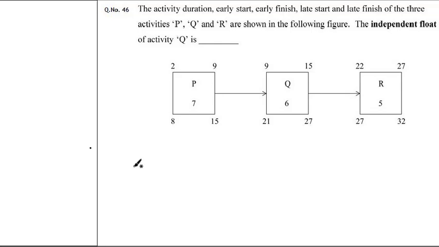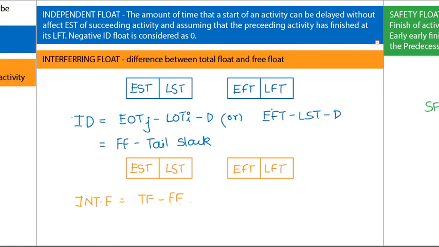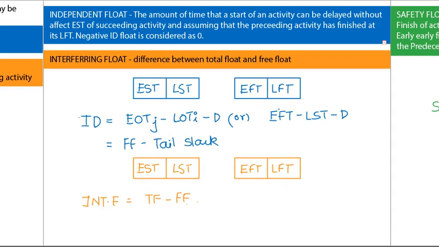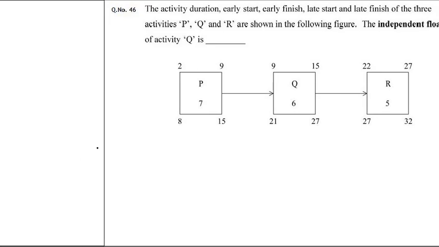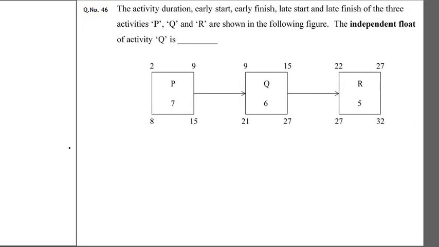The independent float is... So what is independent float? Independent float formula is EOTJ minus LOTI minus D. Now for activity Q, this will be EOTI, this will be LOTI, this will be EOTJ, this will be LOTJ.